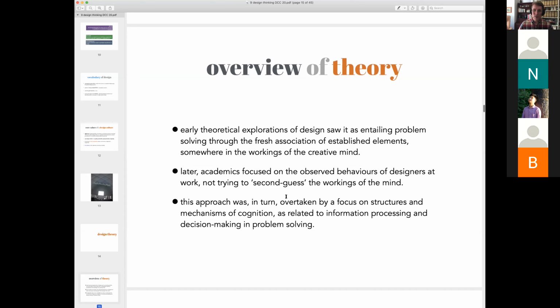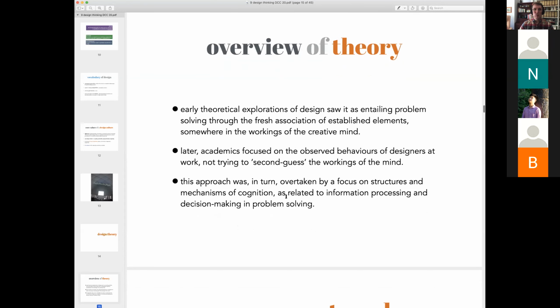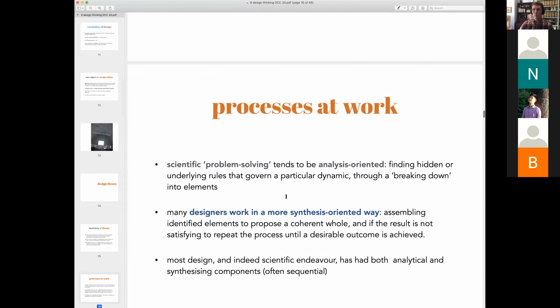So trying to avoid second guessing what was going on in people's heads. Now, it has moved away from that, more focused on how people think. Often this involves participant observation strategies or interview strategies, also looking at how people process information, decision-making, and whatnot.